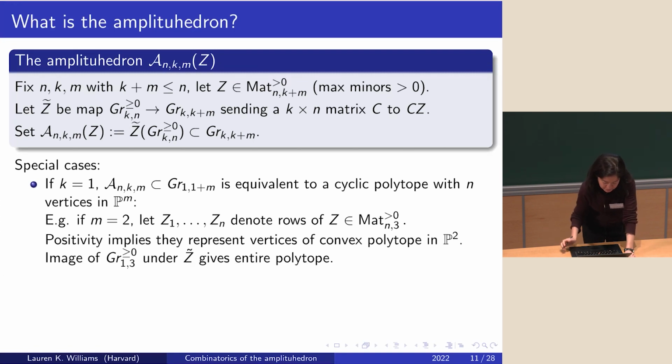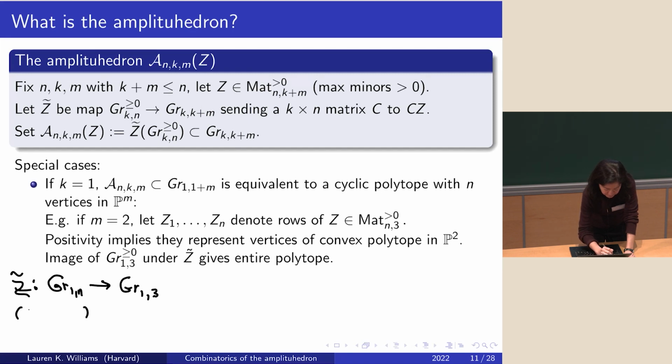Now how do we think about the amplituhedron map? So Z tilde is the map from the Grassmannian of 1 planes in n space to the Grassmannian of k planes in 1 plus m space.